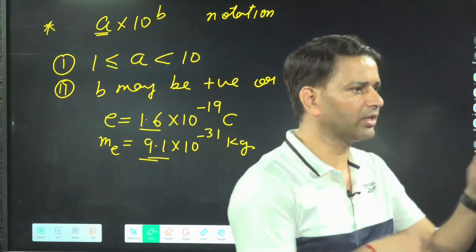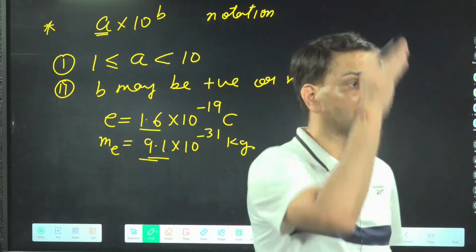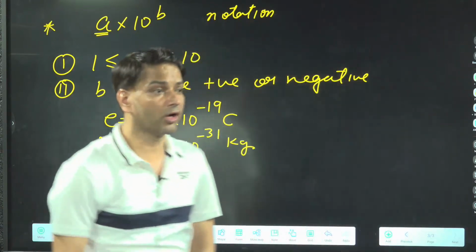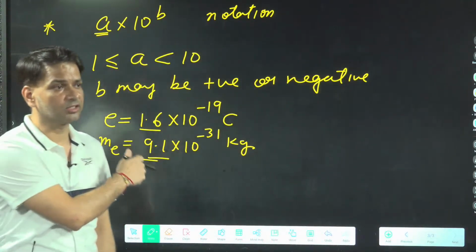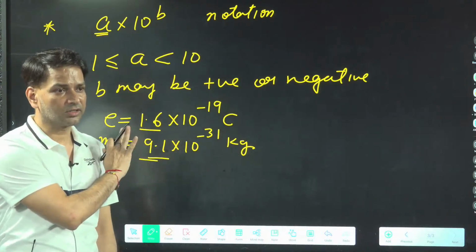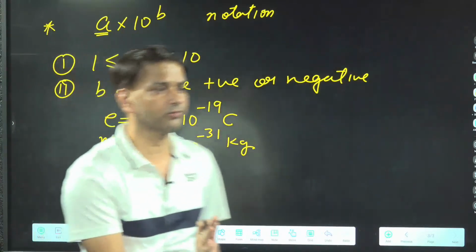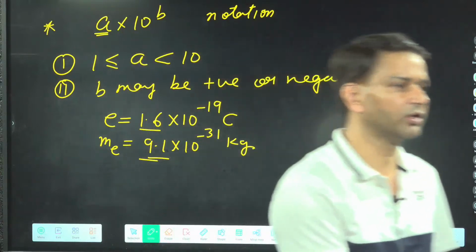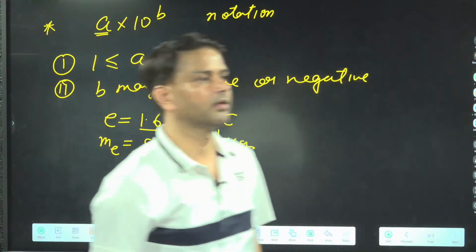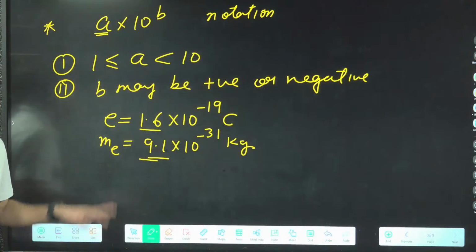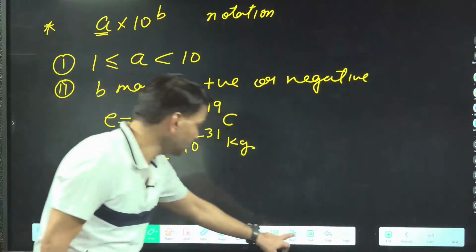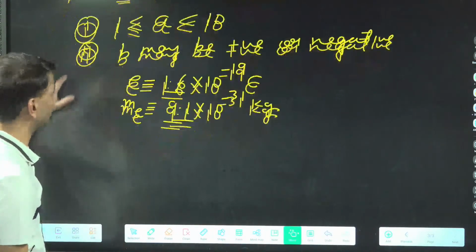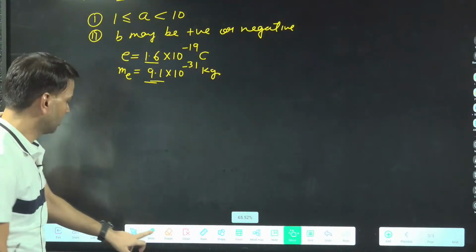When they don't need the exact value, they need only the power of 10. For that we require this notation, but we have to follow that condition: the A value we take between 1 and 10. Everybody got it or not? Okay. In some cases they will ask the order of magnitude.